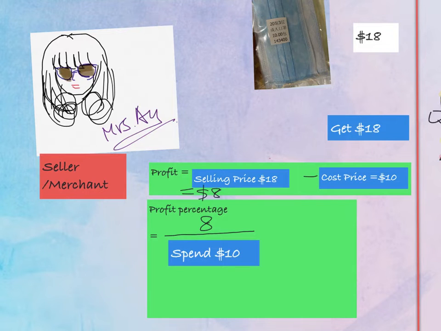So after that, you get 8 over 10 times 100%. The $8 and $10 you put together, then cancel out. So actually, Mrs. O has got 80% of the profits. Isn't it a big percentage?